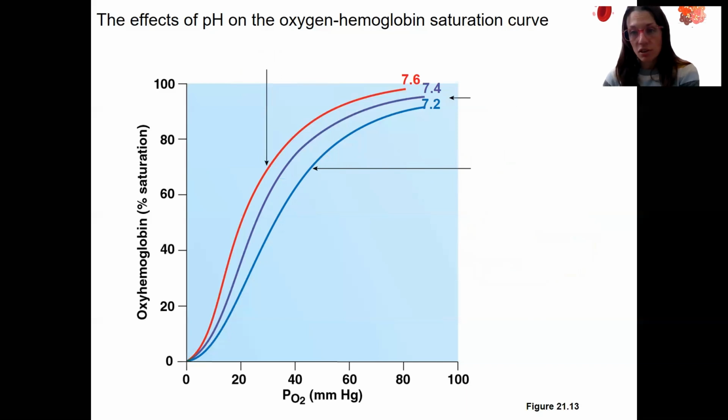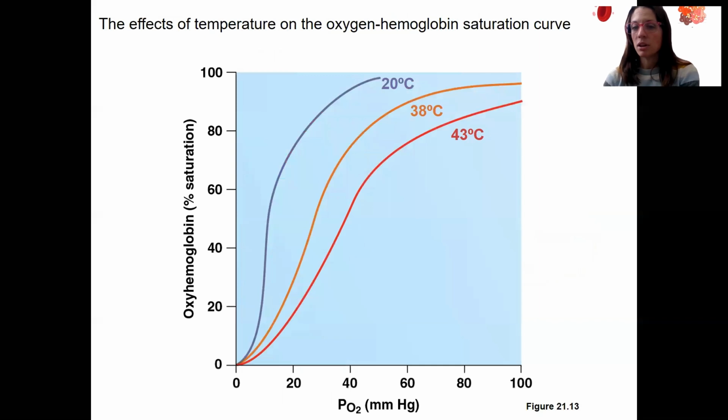Other things can shift this curve. I already told you this. Here's temperature. Similar idea here. Here's body temperature. And then we've got two extremes that your body wouldn't really be at, but to show the example, a curve shifting right means releasing more oxygen.